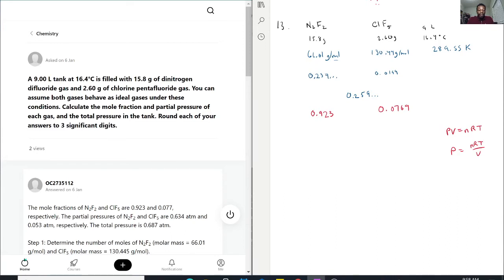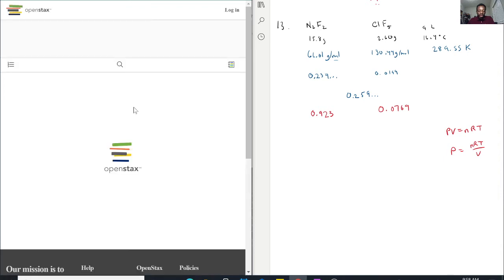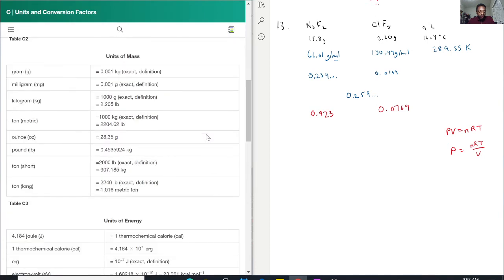I'm going to solve it in ATM, and if we go over to our units, hopefully it will be there. We want to find out the R value. It might be in the physics one, but let's check this one first. We have units of energy, units of pressure, perfect.